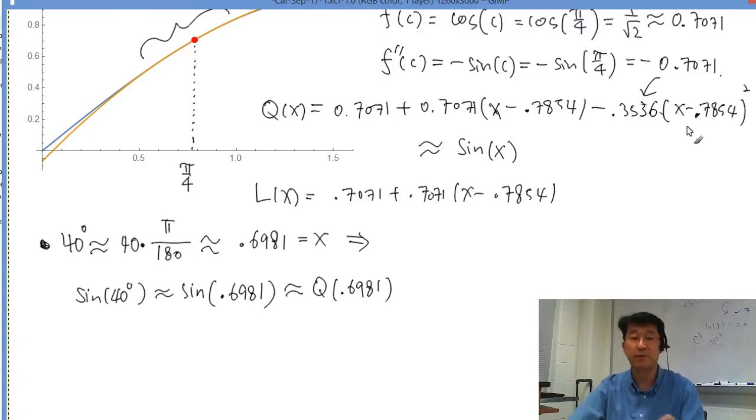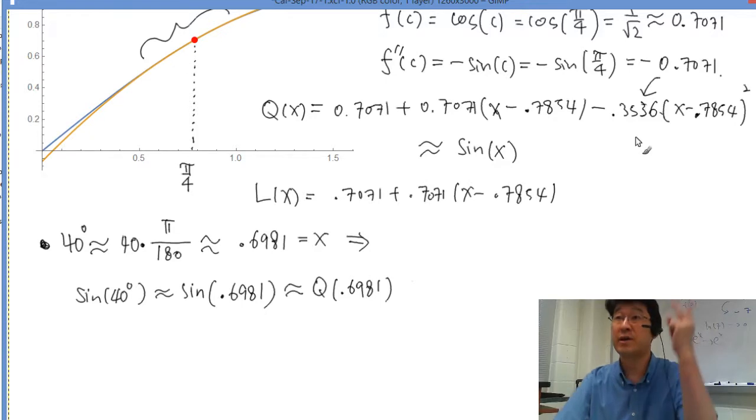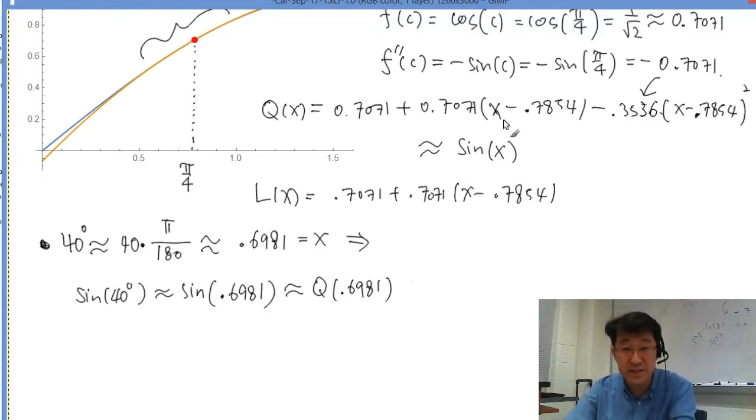So if your input is 0.6981, all you have to do is plug in your x into that formula. How many x's do you see in the Q x? There are two x's, right? Those places should be replaced by 0.6981.